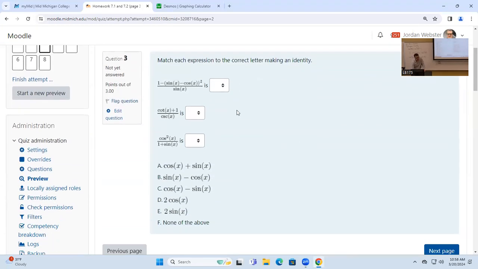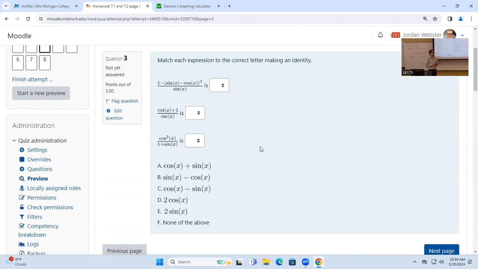It also could say, here's a list of 5 expressions, or we have the none of the above option. Here's an expression. What's it equal to? Let's say we just did our example that was on the board, and we simplified that down to negative sine times cosine.